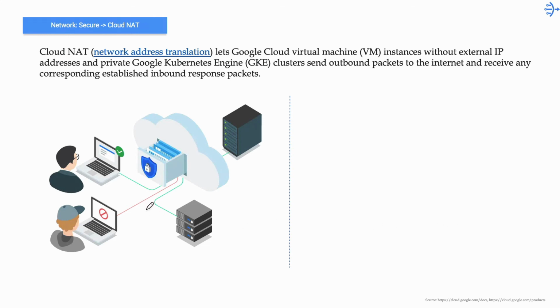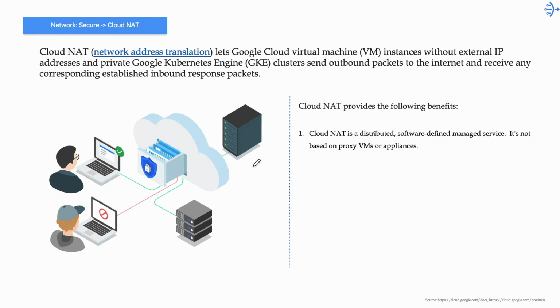So the instances within Google Cloud Platform can access internet without having an external IP address. With your internal IP address, you would be able to access internet.